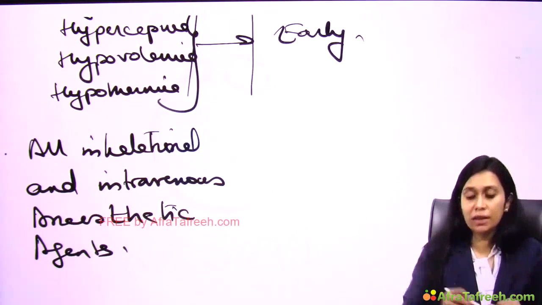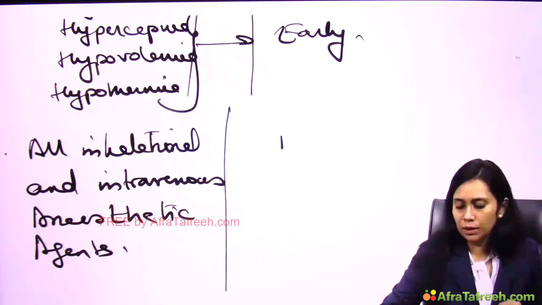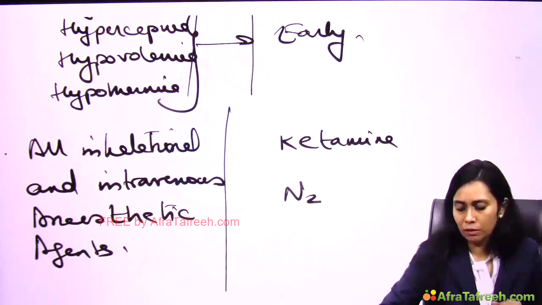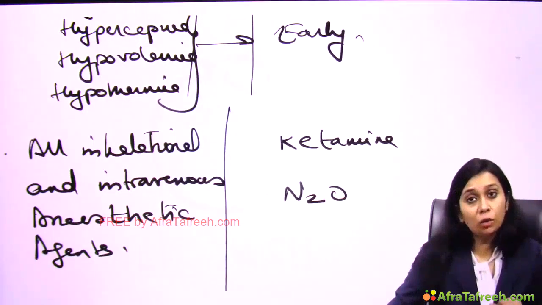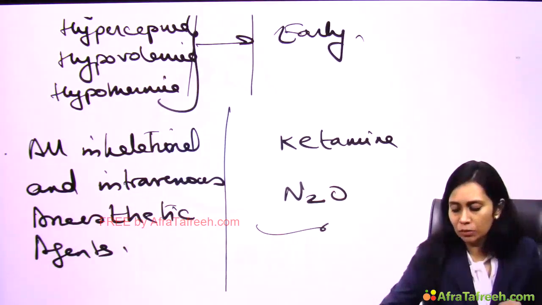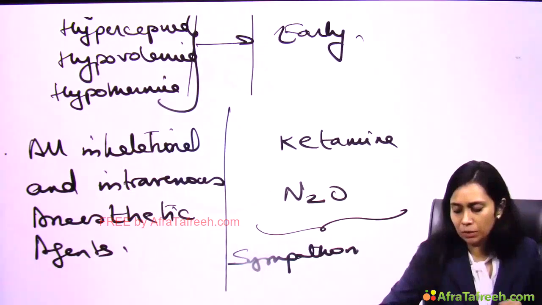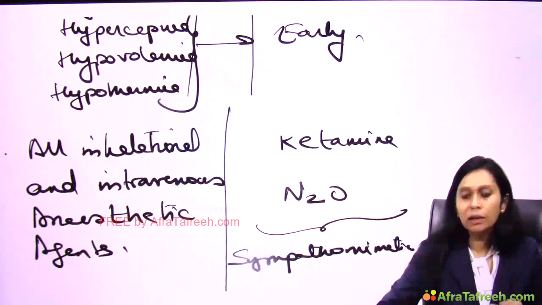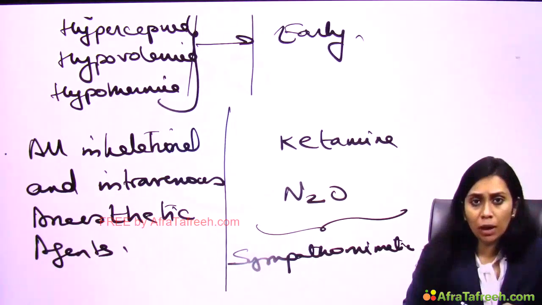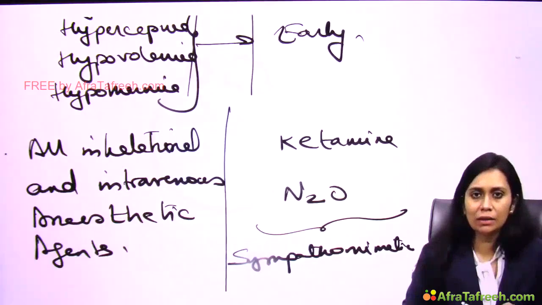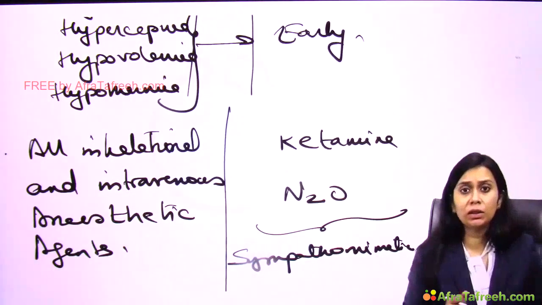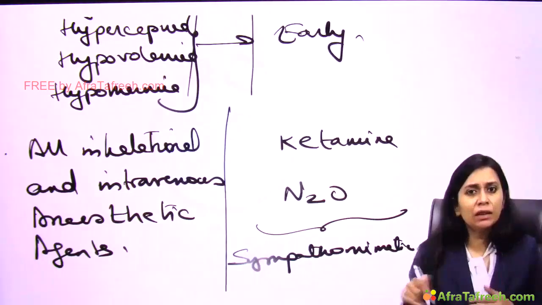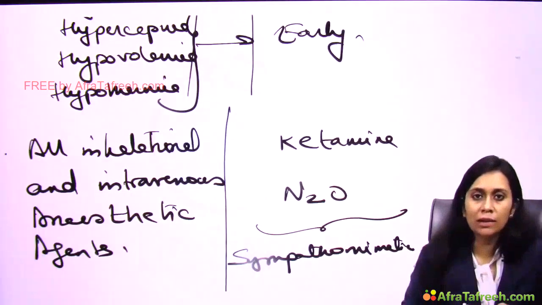Only two anesthetic agents, ketamine and nitrous oxide, both increase EEG activity, though they are anesthetic agents. Why? Because both of them are sympathomimetic. Nitrous oxide being sympathomimetic is not much of a problem because it is not used as a sole anesthetic agent, it is used with a potent agent, so this effect is negated. But ketamine is a sole anesthetic agent.